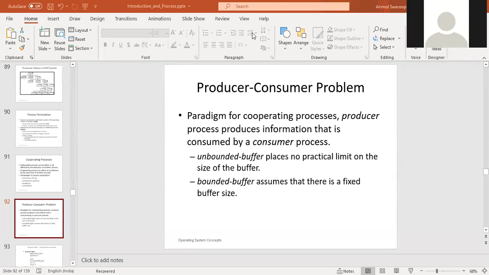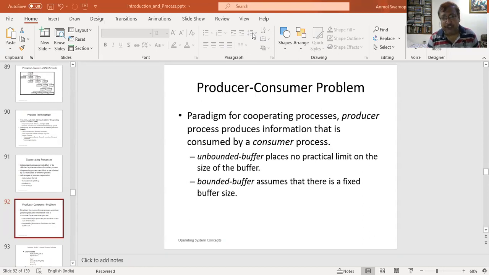Okay. So in no buffer, the buffer literally doesn't exist, or we can say the capacity of the buffer is 0, right? But in that case, the problem may be in the synchronization. Suppose producer is very fast and it produces 2 items, but consumer is not able to consume. So those items will be lost. Then we have the bounded buffer problem where the buffer size is equal to n.